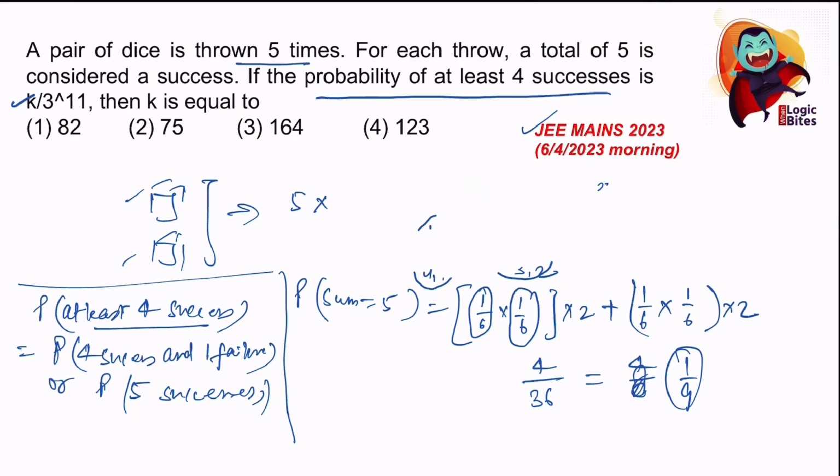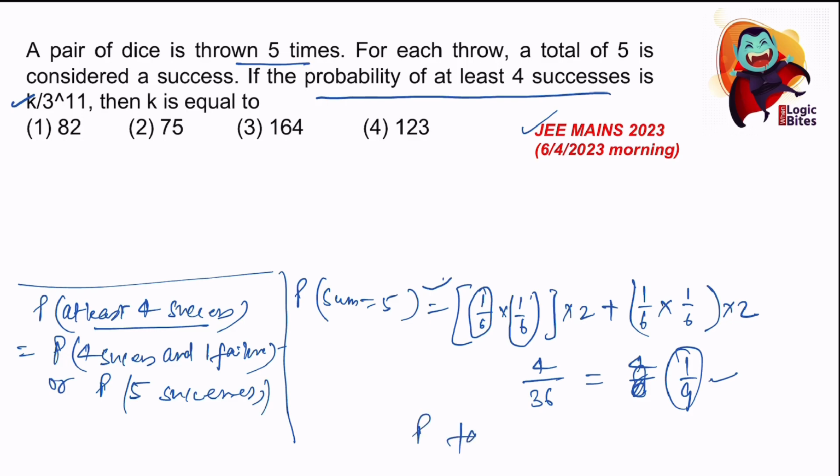So we will clear some space for us to write. Probability of getting 4 successes and 1 failure will be how much? Our success probability is 1 by 9, so probability of failure we can write as 8 by 9, because it is 1 minus 1 by 9, so it will be 8 by 9.